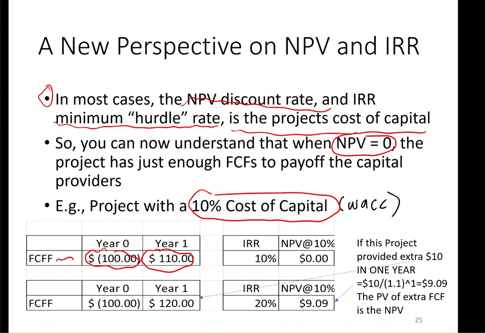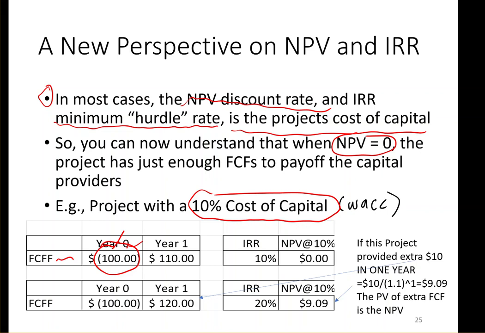You go ahead and calculate the IRR of that project. It seems pretty obvious. It's a 10% rate of return. You spend 100, you get 110 next year. Now, if we take the NPV of that project using the WACC of 10%, you get 0. So here's the interpretation. It costs me 10% to raise this $100, right? I want to open up a new store and I need to get $100 from debt and equity holders.